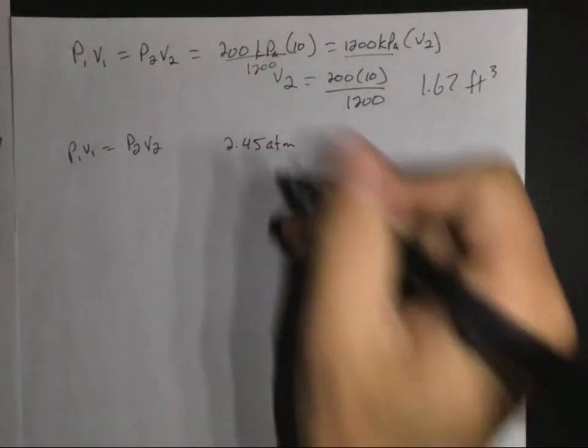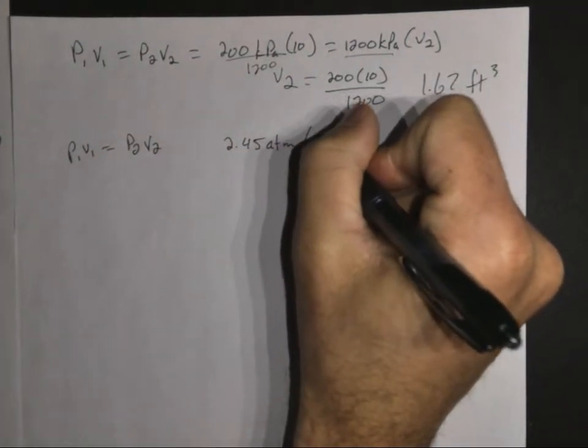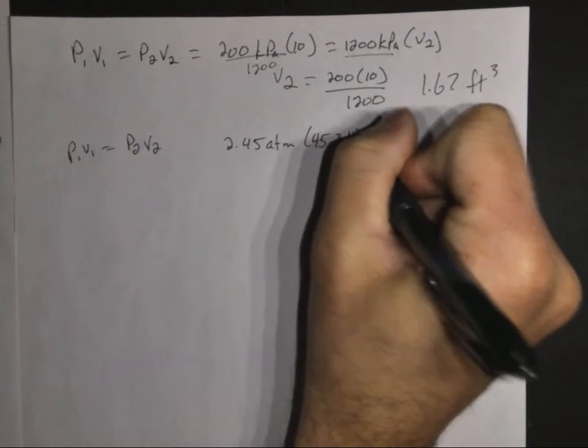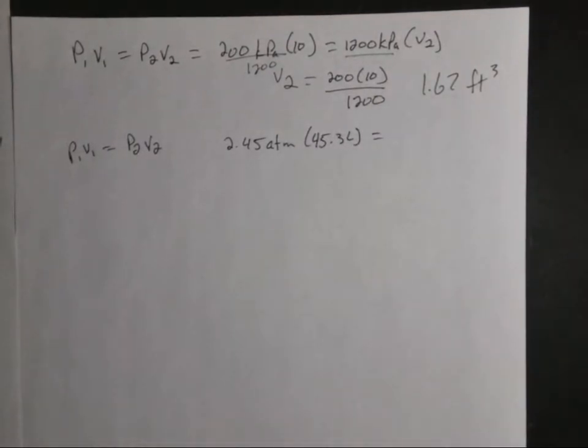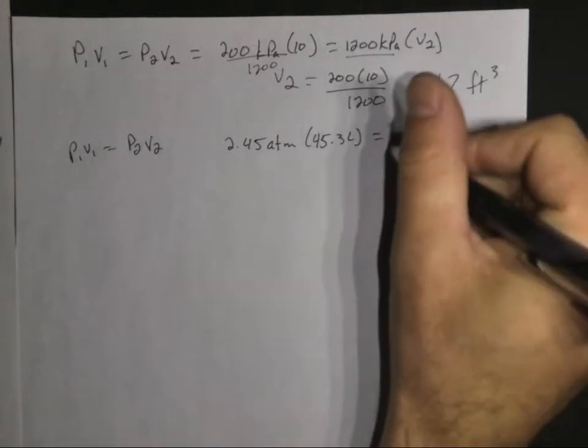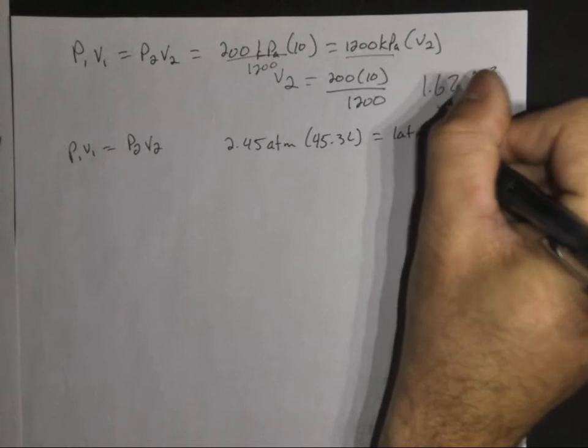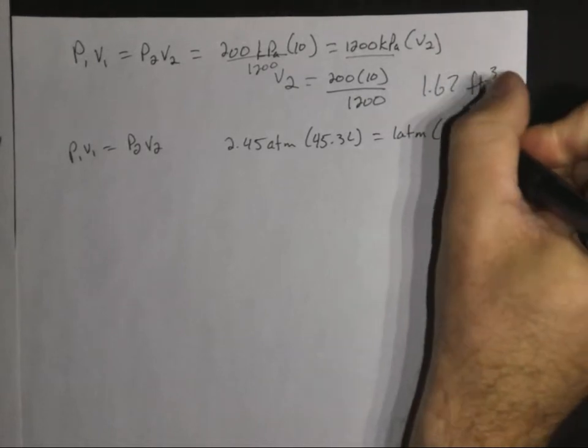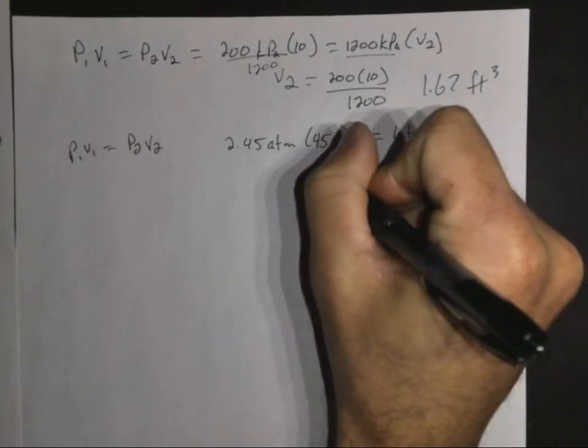And we know that we have a volume of 45.3 liters. And that's going to equal, well, our standard pressure equivalency of ATM is going to be 1 ATM. So 1 ATM equals, we're looking for volume, so V2. So our math is going to be the same.